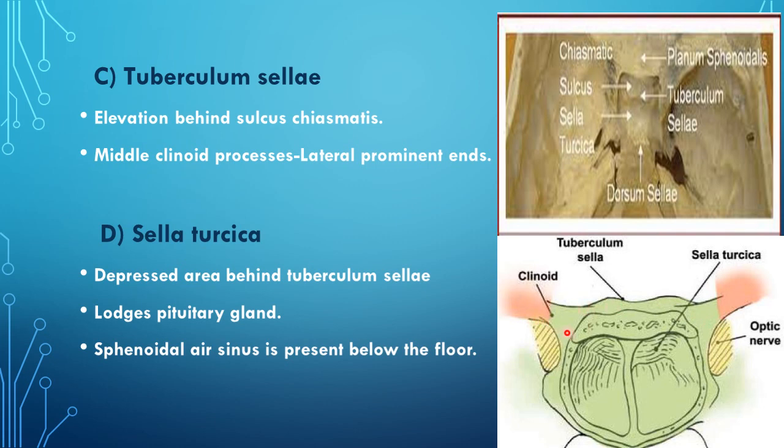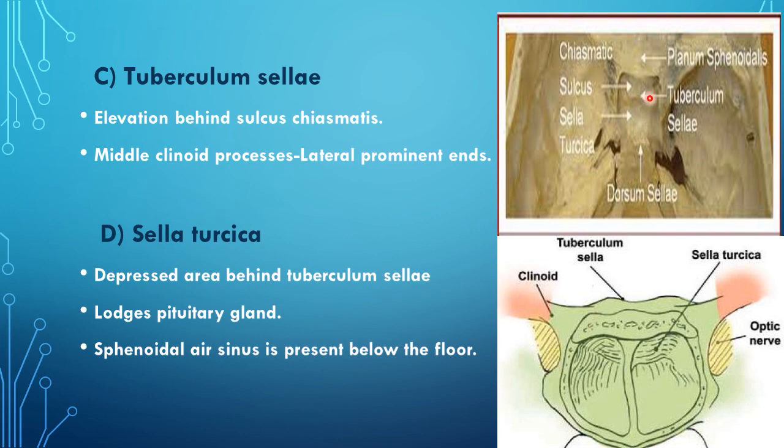We had seen the anterior clinoid process and the posterior clinoid process earlier. So this is the middle clinoid process. Now, what is attached to the tuberculum sellae? The anterior margin of the diaphragma sellae. The diaphragma sellae is a sheet of dura mater that covers this area.